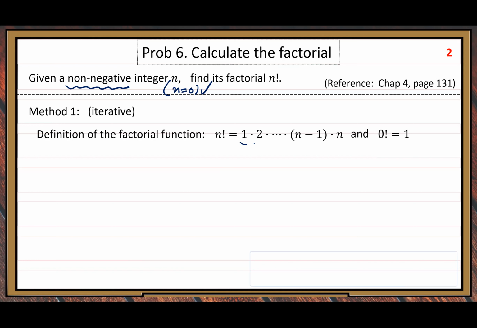If you look at this definition, it's not easy to guess what is the value for 0 factorial. Some people, if they use their intuition, may guess 0 factorial should be 0, right? Yes, by intuition, because we do multiplication.